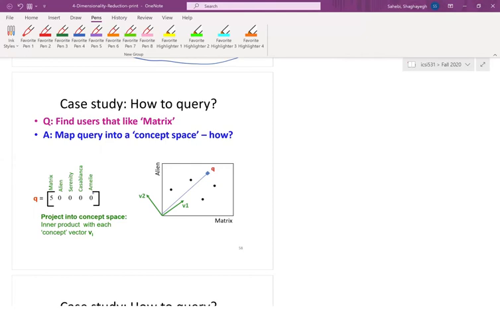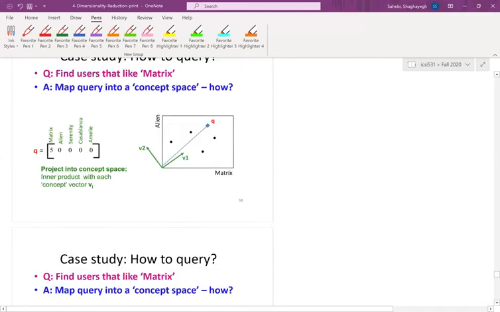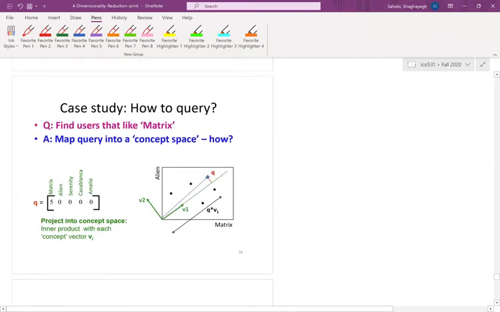This is our original query. Now we have to project it into our concept space because we want to be able to compare it with the user-to-concept and concept-to-movie matrices.